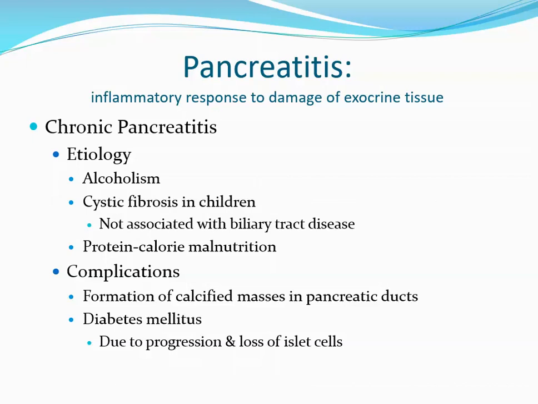Causes: alcoholism is a big cause, cystic fibrosis in children not associated with biliary tract disease, and protein-calorie malnutrition. The complications of the chronic form include the formation of calcified masses in the pancreatic ducts and the development of diabetes mellitus. This is due to the progression of the disease and the destruction of the islet cells, which are the endocrine portion of the pancreas.